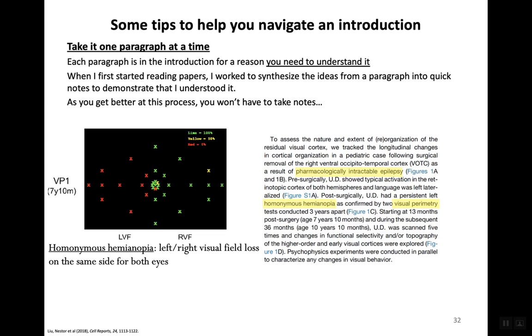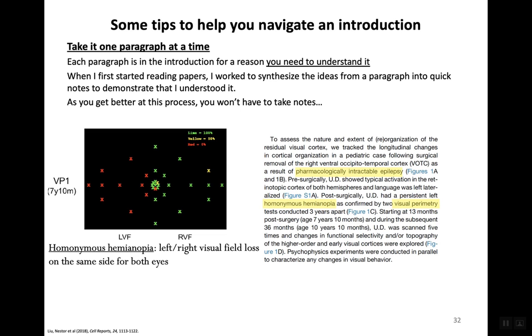And it is also telling us that the focus of the investigation was on early visual cortex and higher order visual cortex. Okay, the last sentence tells us that psychophysics experiments were conducted in parallel to characterize any changes in visual behavior. So we have fMRI investigations which are coupled with behavioral testing within the same child, referred to here as UD.